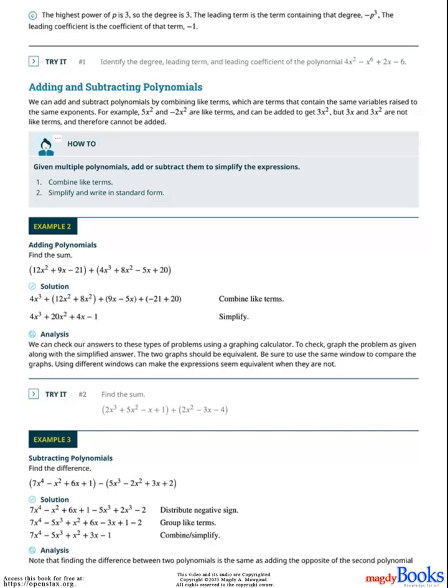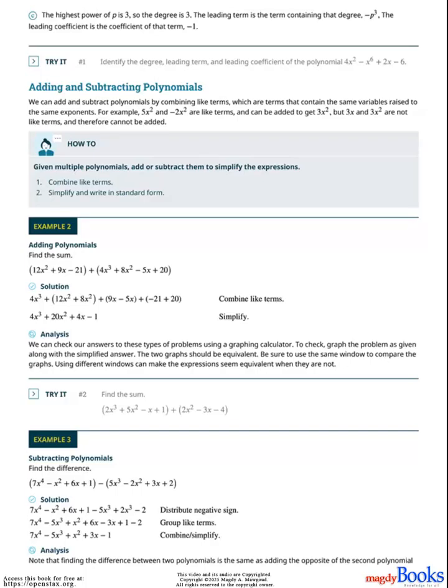Try it number 2. Find the sum. (2x cubed plus 5x squared minus x plus 1) plus (2x squared minus 3x minus 4). Example 3.